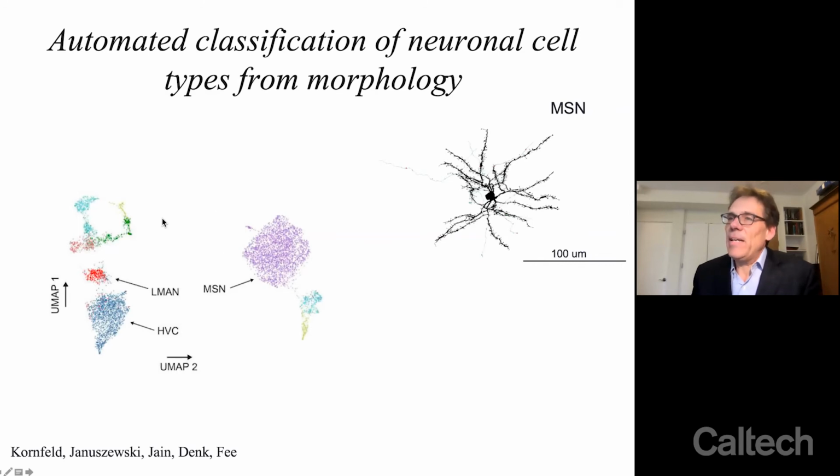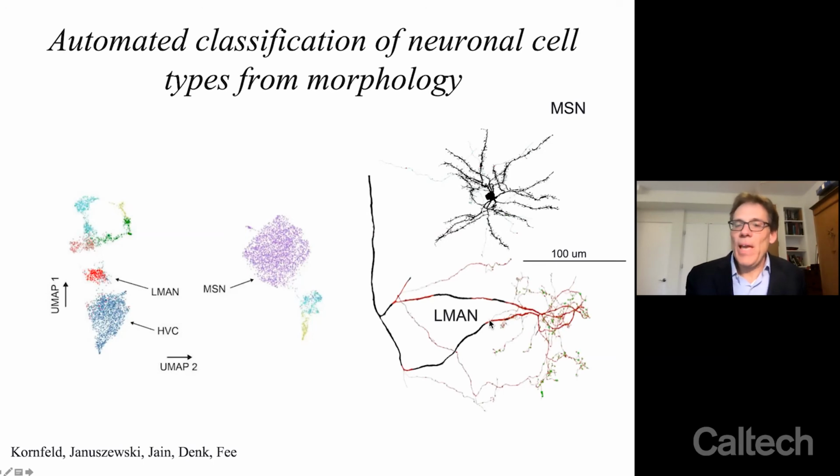And you can see that there's a fairly clear distinction of cell type identification among these different clusters. On the right, you can see a single reconstructed medium spiny neuron. Here is a reconstructed LMAN axon and a reconstructed HVC axon.